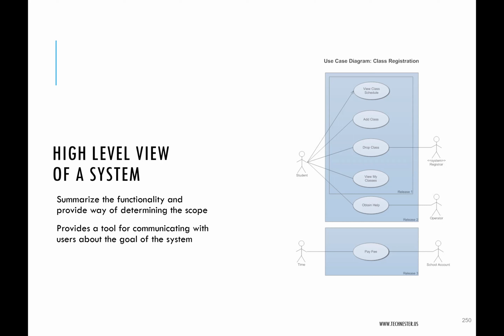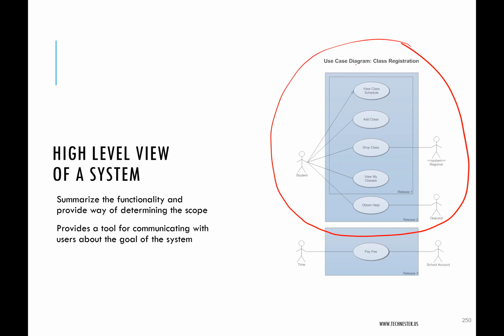So use cases help us summarize functionality, and they provide a way of determining the scope of our system. By looking at this use case diagram, for example, we can get a sense of all the key things that actors will be able to do with this class registration system, and the actors that would use the system.